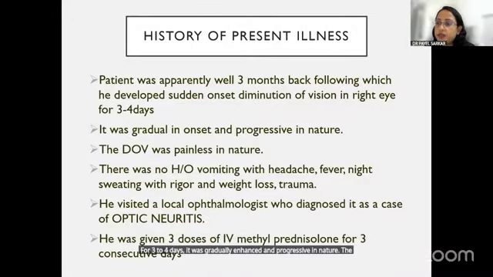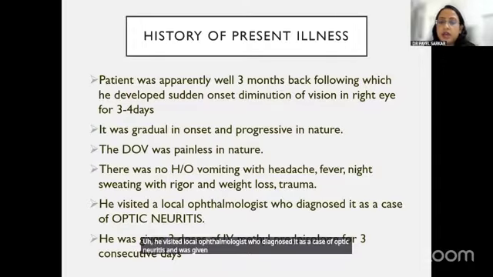The diminution of vision was painless and there was no history of vomiting, headache, fever, night sweating with rigor, weight loss, or any history of trauma. He visited a local ophthalmologist who diagnosed it as a case of optic neuritis and gave 3 doses of IV methylprednisolone for 3 consecutive days.